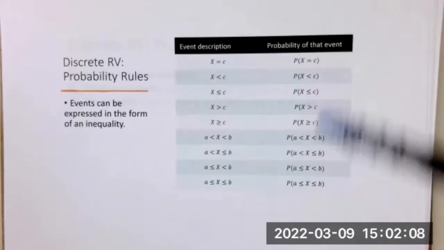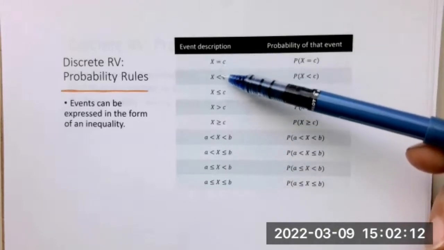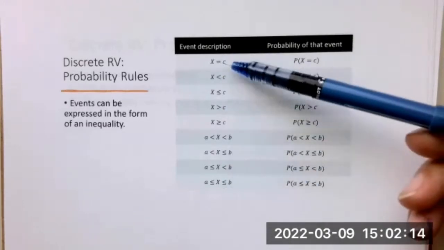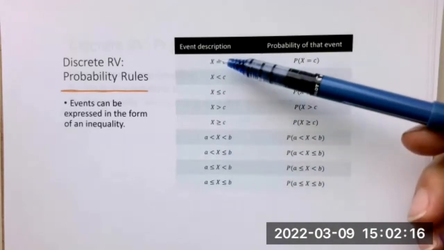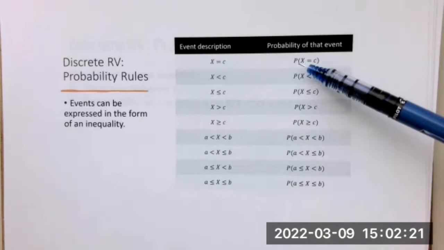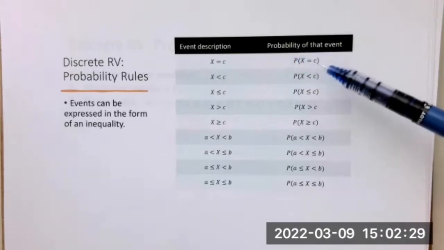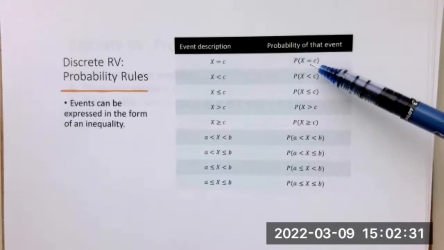So here's the continuation of what we just talked about. Once we express our events in the form of inequality or equality, and then put that in parentheses and put it next to capital P, that will represent the probability of that event happening.